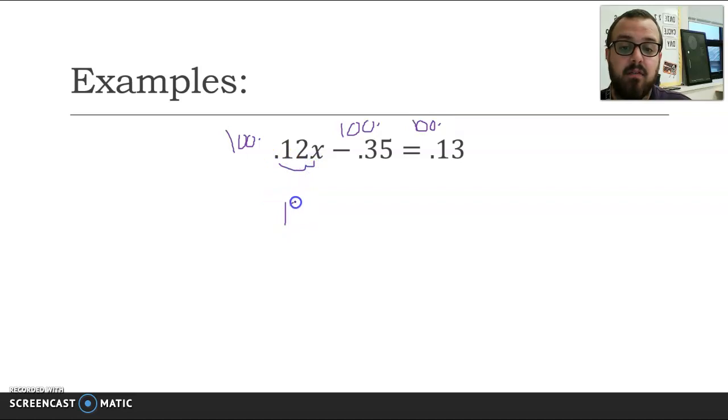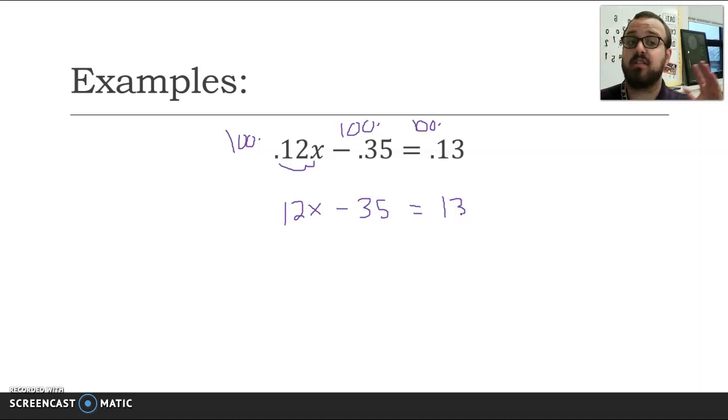I'm going to get 12x minus 35 equals 13. And then again, I'll be left with an equation that I can solve, whether it's a two-step, multi-step, whatever. In this case, I'll add 35 to both sides.